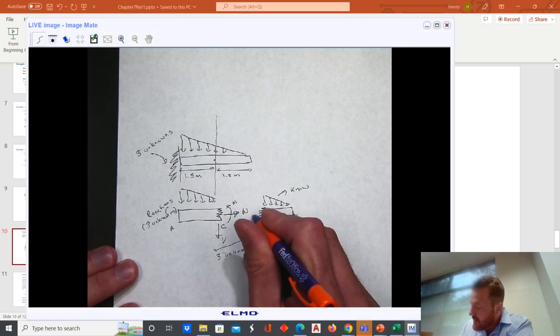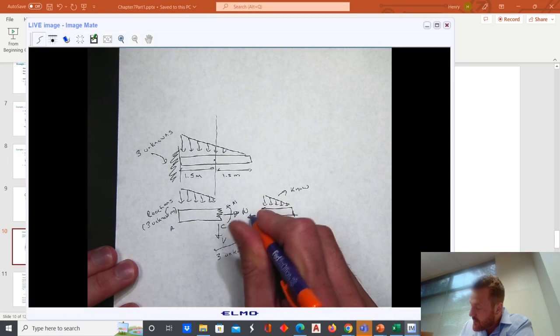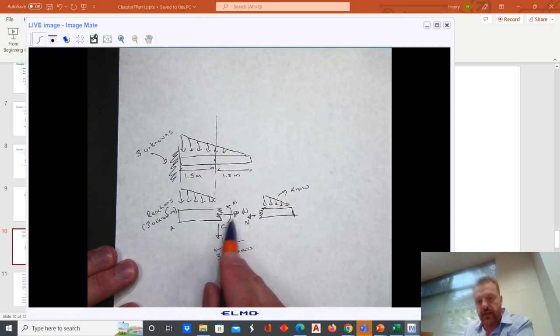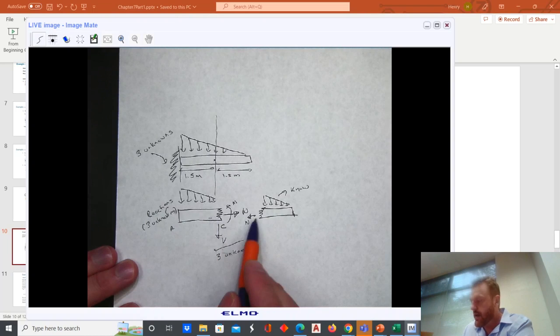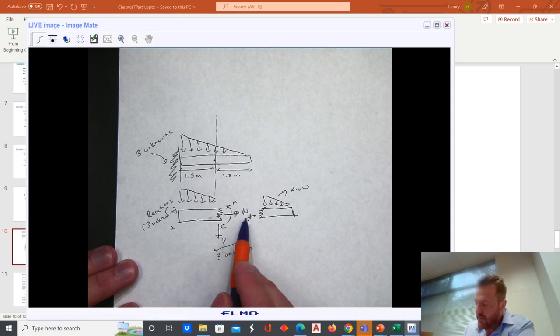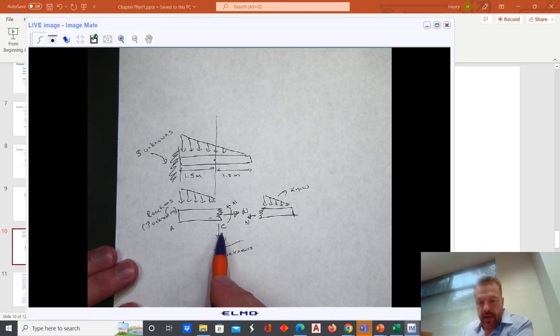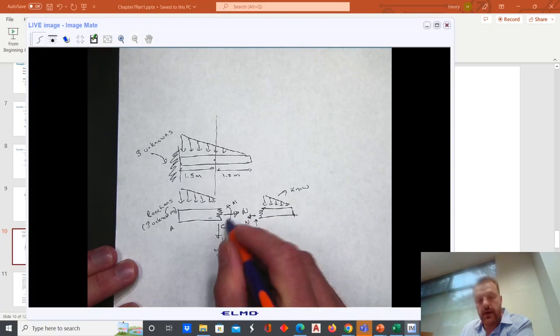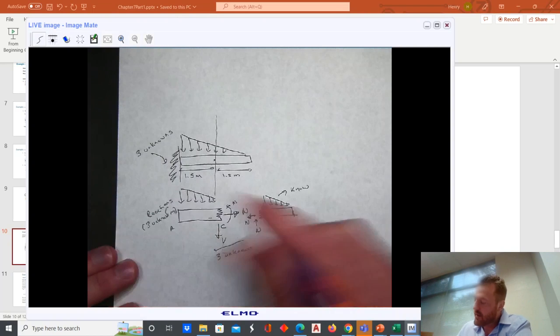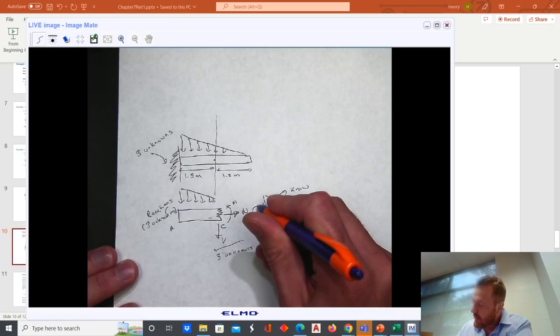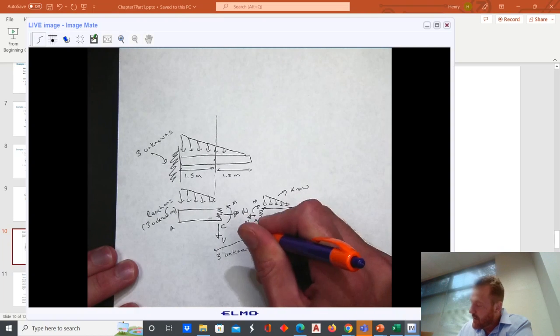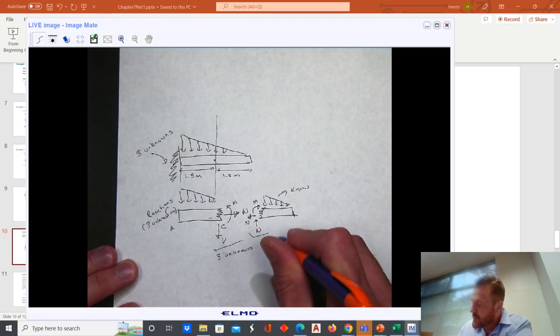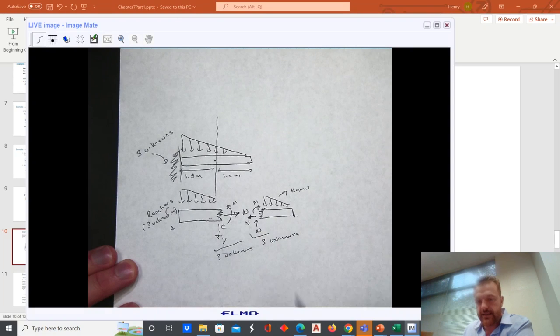And in addition, it has the internal forces, which are going to satisfy Newton's third law, meaning that if the portion on the left has a normal force that goes to the right, the portion on the right will have a normal force that goes to the left. If the shearing force on the left goes down, the shearing force on the right will go up. And if the bending moment on the left portion is counterclockwise, then this bending moment will be clockwise.